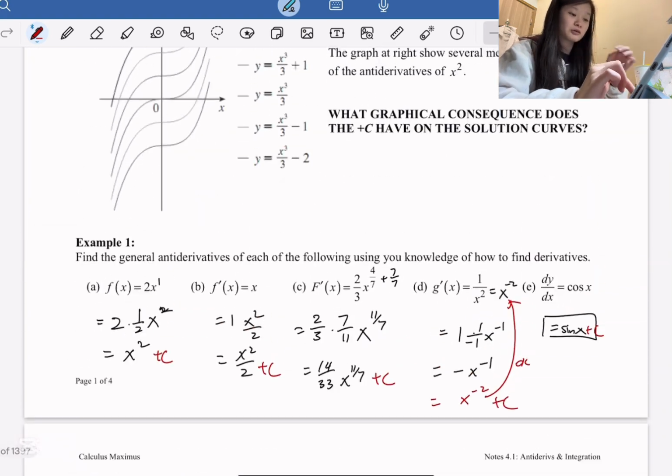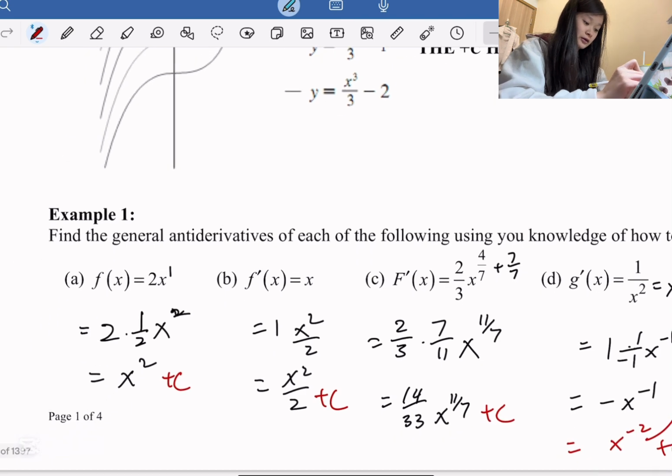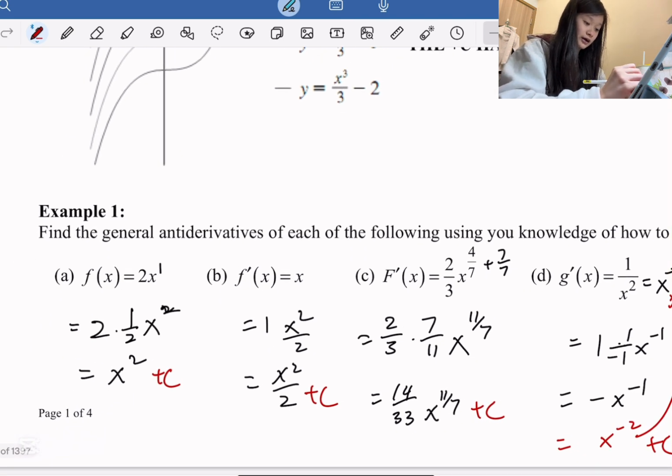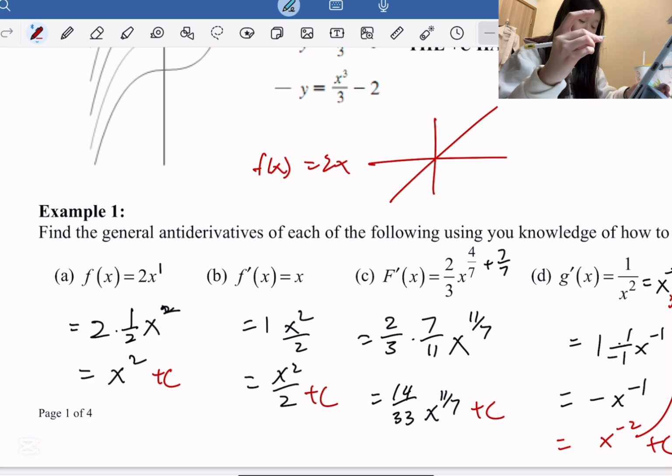Okay, so the reason why we add plus c is that this can have any number following behind it. Say f of x is equal to 2x, this is the graph. That's a terrible graph, right? It doesn't matter if it's x squared plus 1 or x squared plus 2, the derivative of it would be 2x.